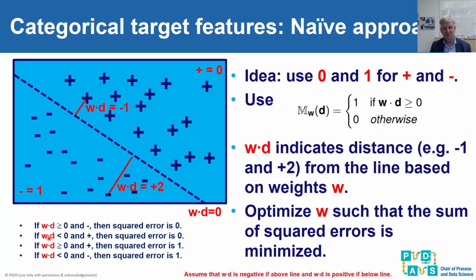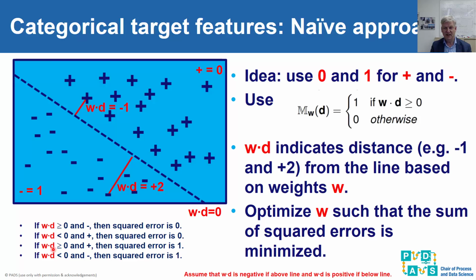The same is true if W times D is smaller than 0, then we take as the predicted value 0, and we have also encoded the pluses as 0 in our original data, and then the squared error is equal to 0 minus 0 to the power 2, which is equal to 0.